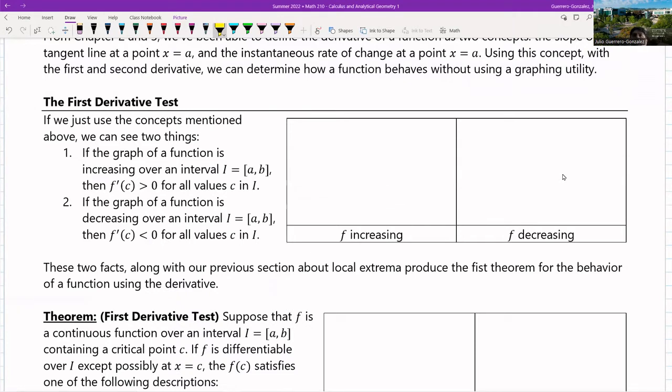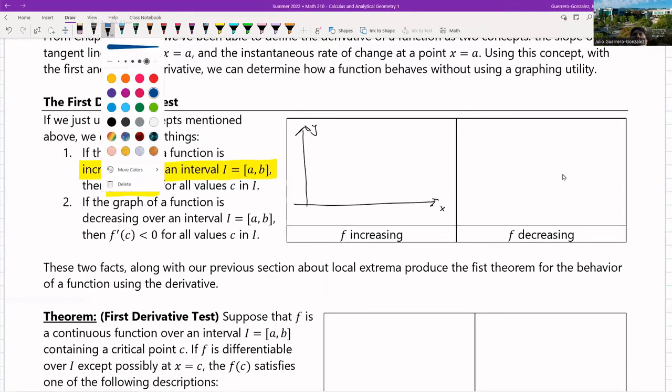If a graph is increasing over an interval AB, then the derivative is going to be greater than 0 for all the values in there. Let's do an XY graph. Here's my X, here's my Y. I'm going to draw in a graph.